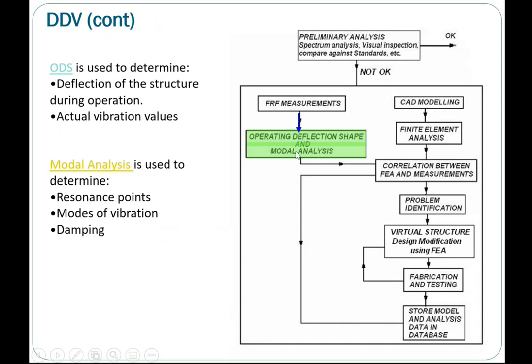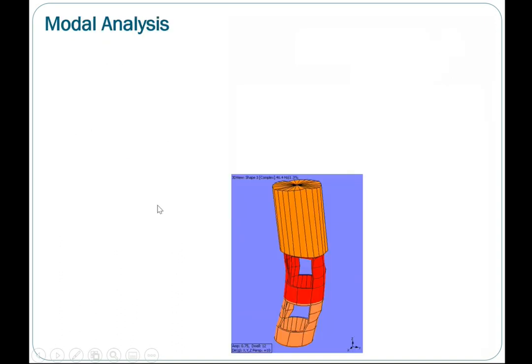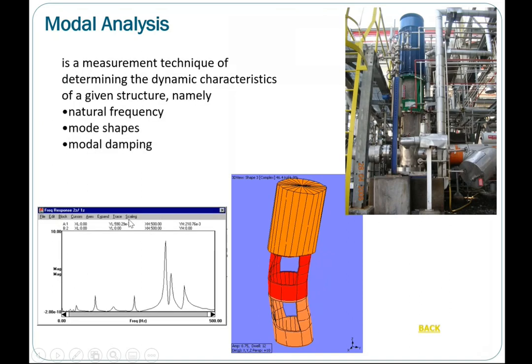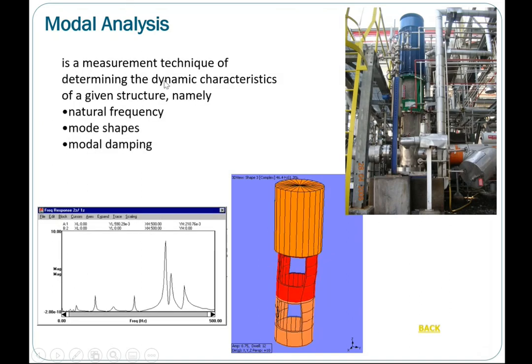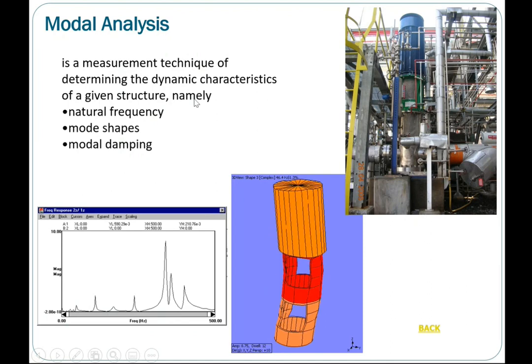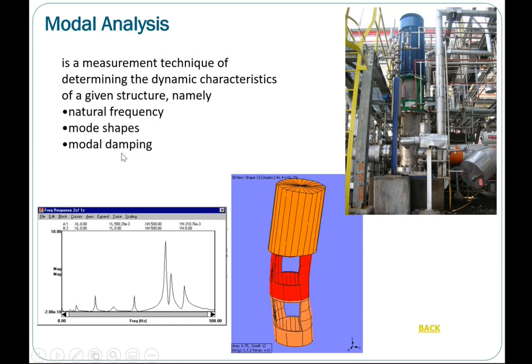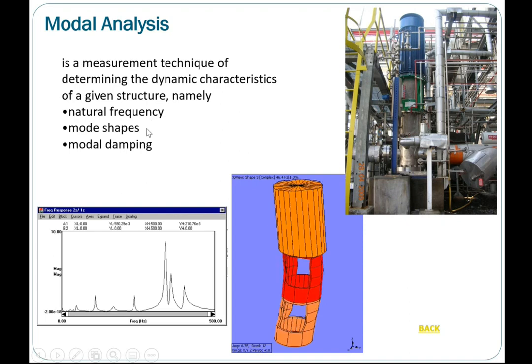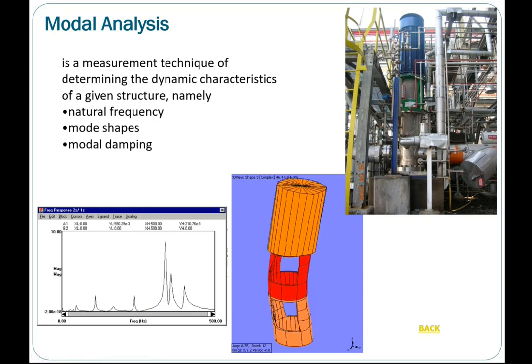Right, then another experimental technique that we are using is experimental modal analysis. Experimental modal analysis is used to determine the natural frequency, resonance point, mode of vibration, mode shape, as well as the damping. It's a measurement technique of determining the dynamic characteristics of given structures, namely natural frequency, mode shape, and modal damping. So remember, experimental modal analysis is to determine the system dynamic characteristics, your transfer functions.